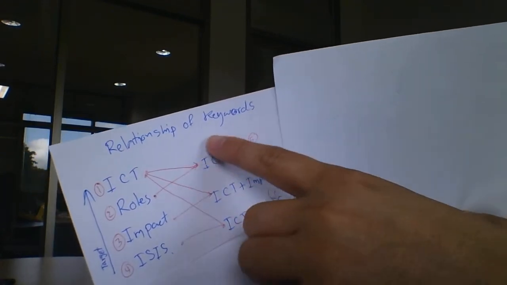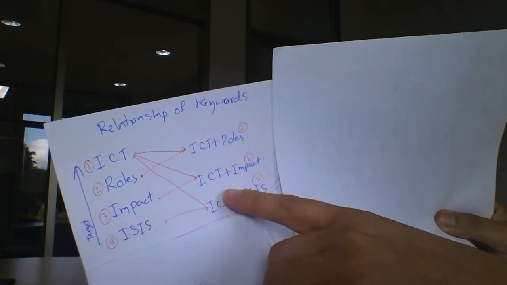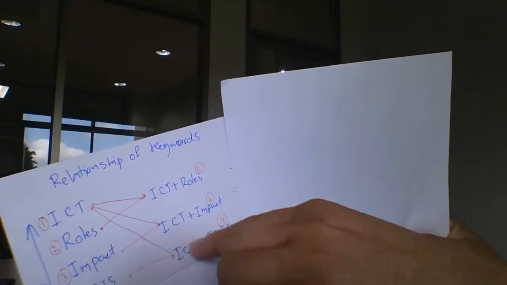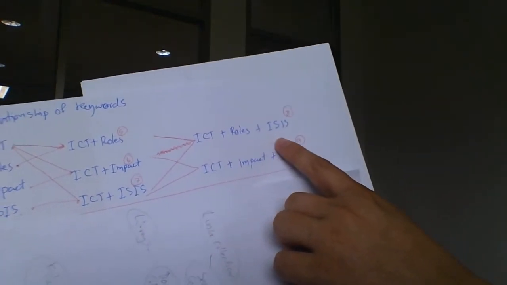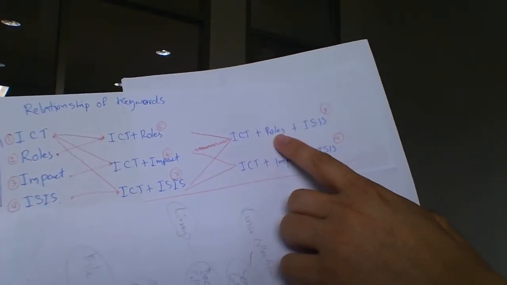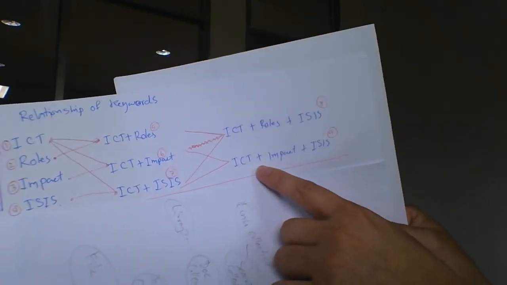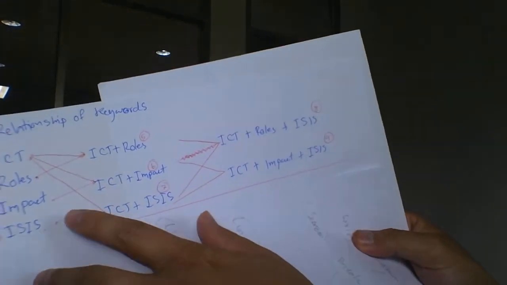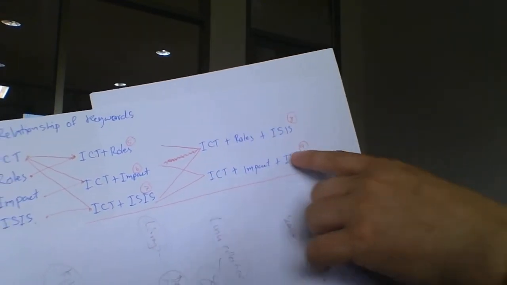We have to understand these relationships, and after understanding them, we can come to add number 8 and 9: ICT, roles, and IT together, and ICT, impact, and IT together. Therefore, we have 1, 2, 3, 4, 5, 6, 7, 8, and 9.